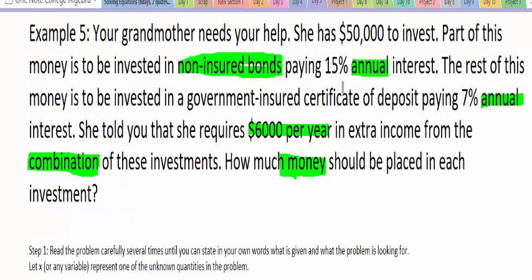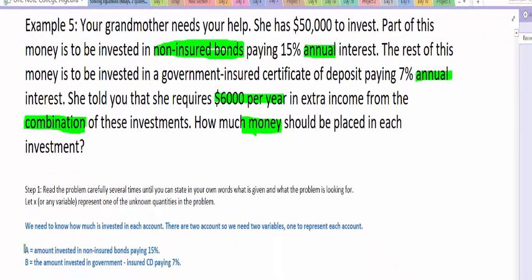We need two variables, one representing the 15% non-insured bond and the other representing the 7% CD from the government that is insured. So we'll use A and B. A being the amount invested in the non-insured bond, paying 15%, and B is the money invested, so dollar amount, in the insured CD, paying 7%.